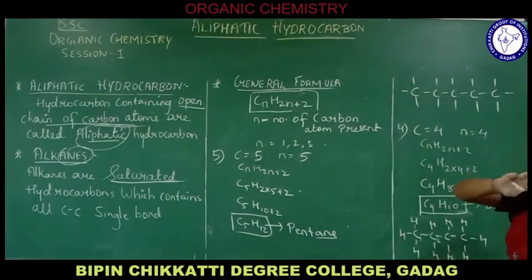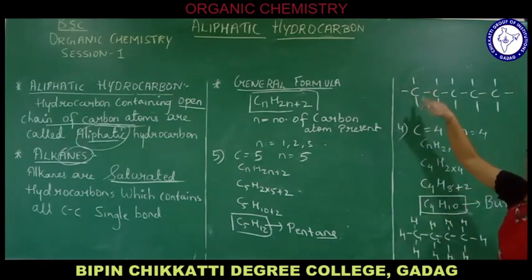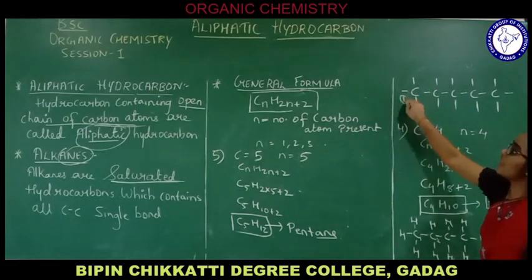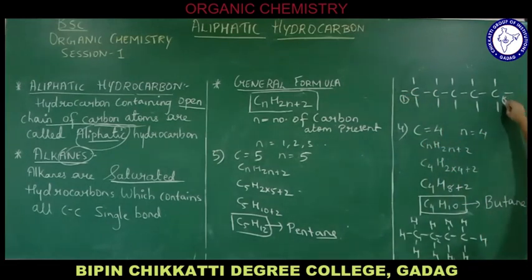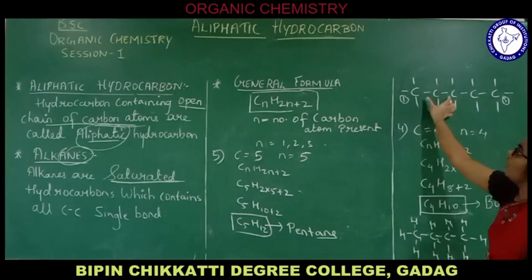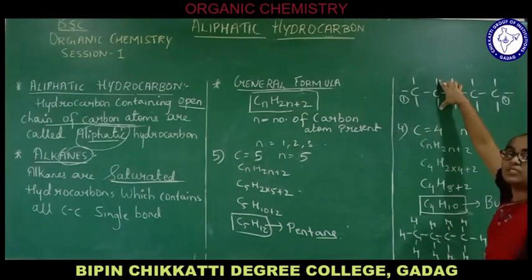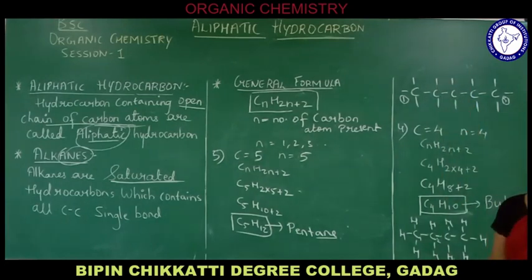So the remaining 3 bonds are going to be used to bind with hydrogen atoms. For the first carbon atom and the last carbon atom, the 3 bonds are used to bind with hydrogen atoms. For the middle carbon atoms, from carbon number 2 to carbon number 4, 2 bonds are already used to bind with the neighboring carbon atoms, and the remaining 2 bonds are used for attaching to hydrogen atoms.